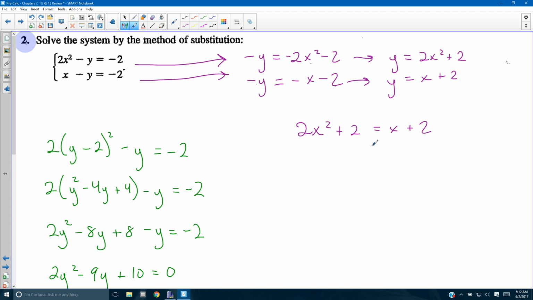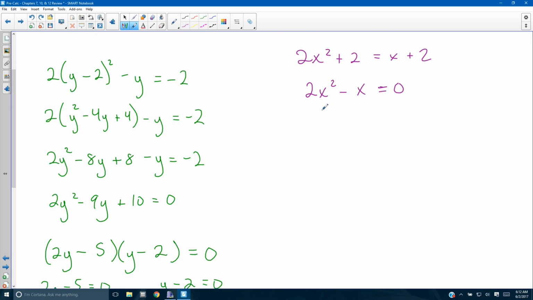Quadratically so, if I move everything to this side of the equation, set it equal to 0, subtract x, I'll get minus x here. Now subtract 2, that'll become 0, and on this side it's 0 as well. So 2x squared minus x equals 0. Make no bones about it, this should be easier to solve in this case than the previous one that you did, because the quadratic factoring has a common factor within.